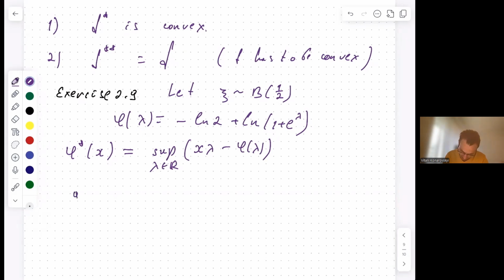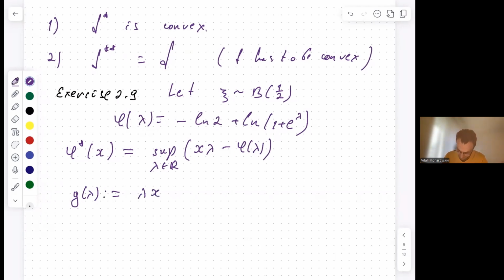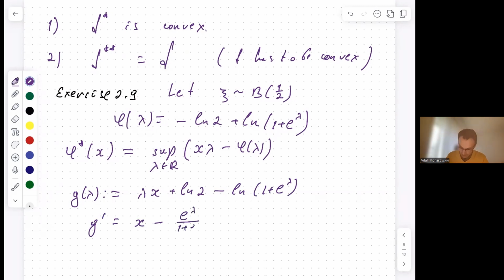I will just shortly tell you what the derivative will be. Let me denote the function in the supremum by g, where x is fixed. Then you need to compute the derivative, and here I just copy the derivative. It is x minus e lambda over 1 plus e lambda.